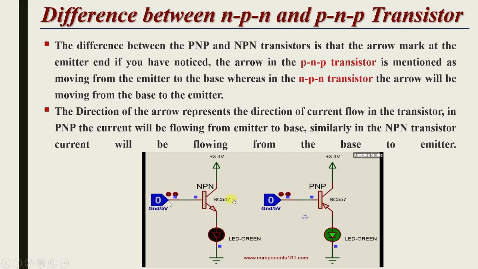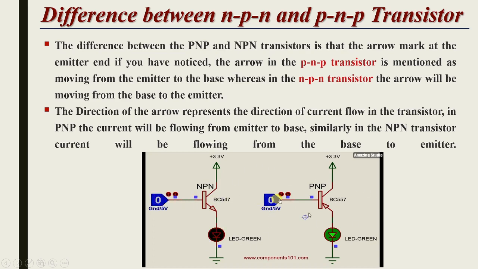So here it shows the current direction. Here is the NPN transistor. When at the input we apply 1, the current flows from base to emitter and this LED turns on. And if we put 0 at the input, then no current flows. That means the transistor is off, and therefore this LED is off.